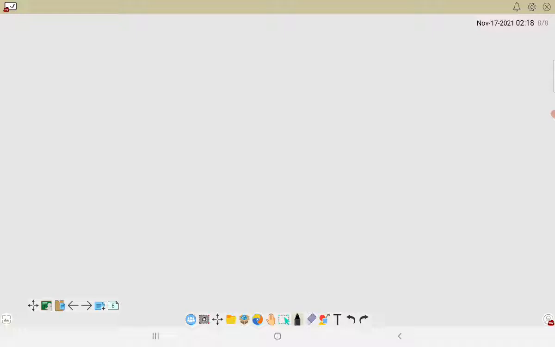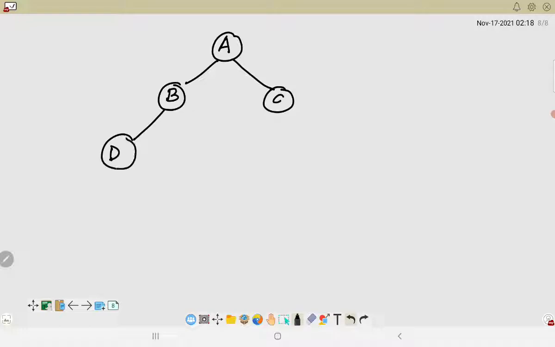Suppose I have a tree here, something like this: A, B, C, D, E, F, G.